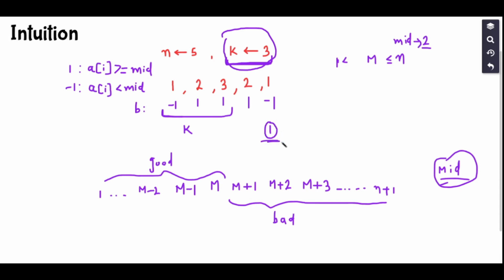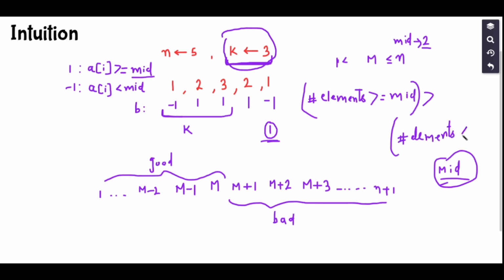It tells me that the count of elements in this subarray which I have chosen which are greater than mid is greater than the number of elements which are less than mid.